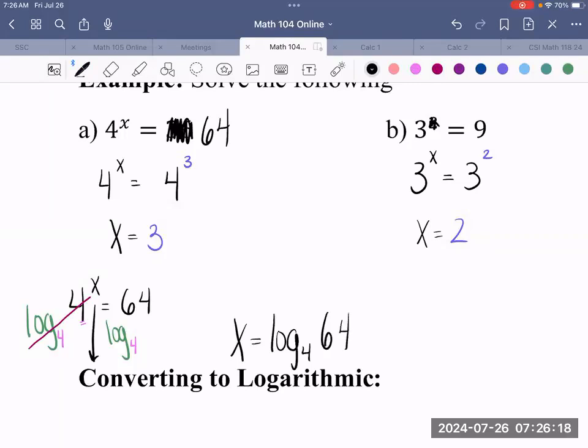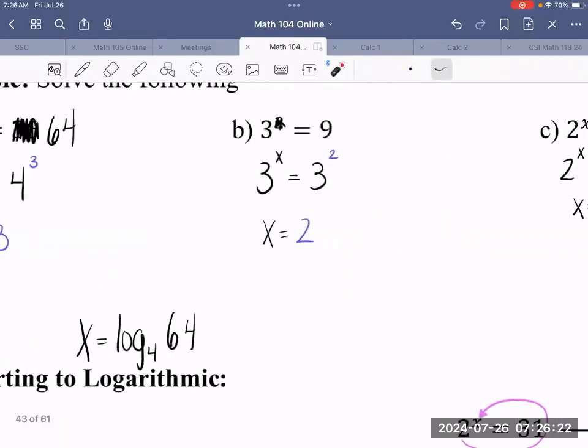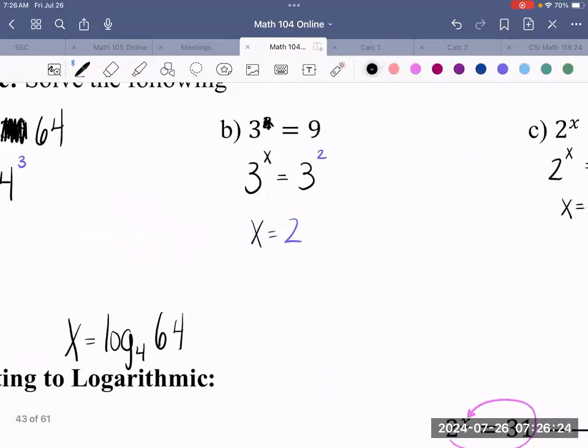If you were to type that into your calculator, your answer would come out to be 3. Let's try it again here. If we have 3^x is equal to 9, we're writing the word log on both sides. And this time your base happens to be 3, so we're going to match that 3 to both.